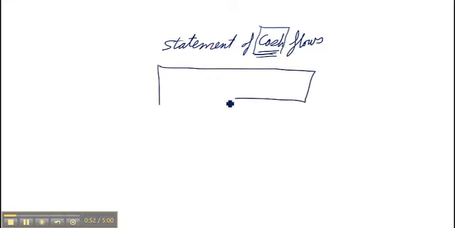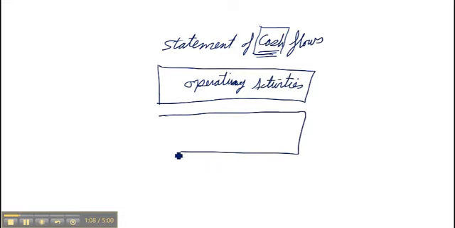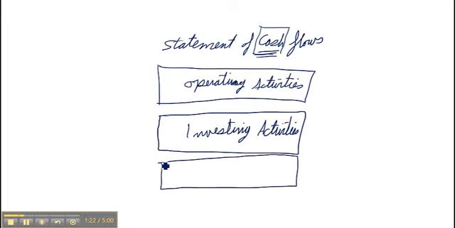The cash flow statement basically is composed of three main categories. The first one is the operating activities, then we've got another one, the investing activities, and then a third, which is financing activities.